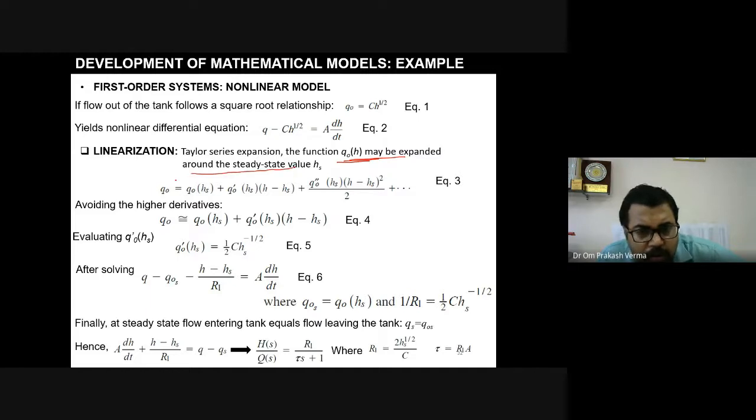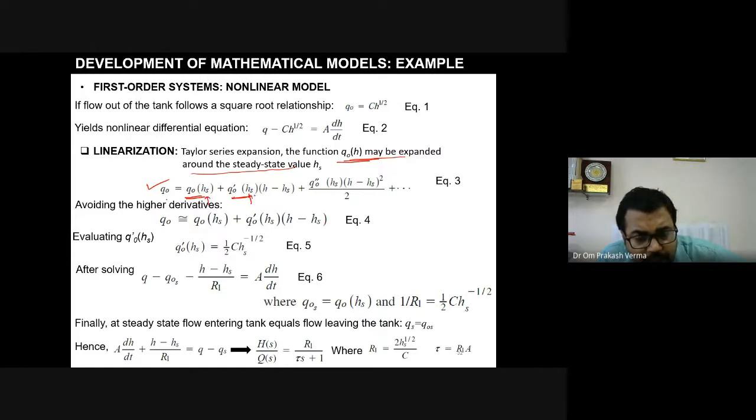How? You have already studied the Taylor series in mathematics. So Q naught equals first Q naught(HS), plus the first derivative Q naught dash, or d by dt of Q naught at HS, times (H minus HS). What is this HS? HS is the steady state value.